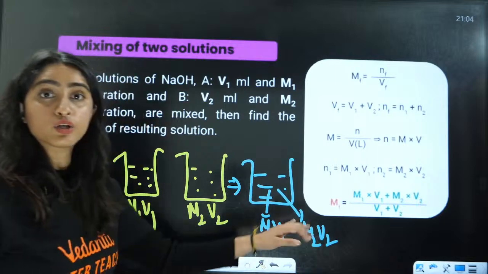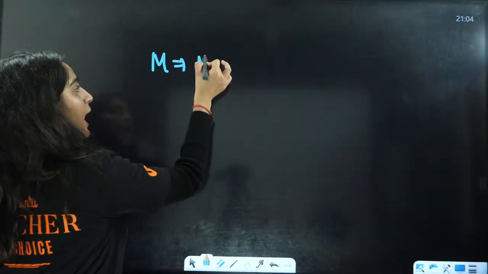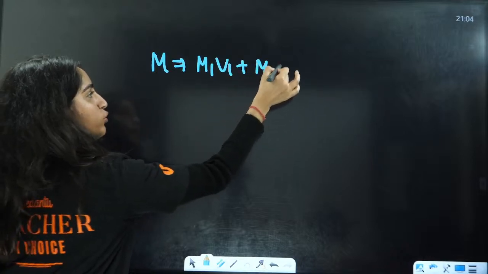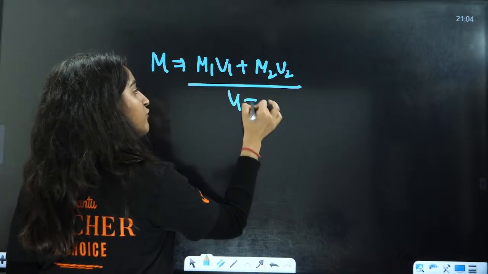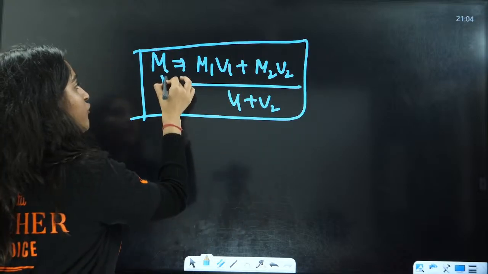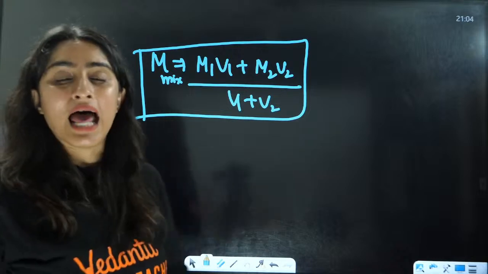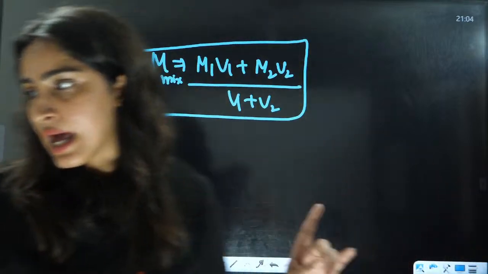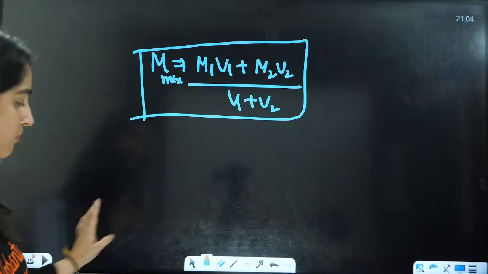What is the total molarity here? The total molarity is going to be M1 V1 plus M2 V2 divided by V1 plus V2. This is the molarity of the mixture.